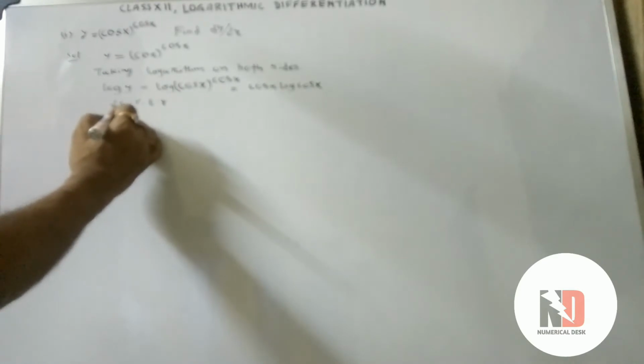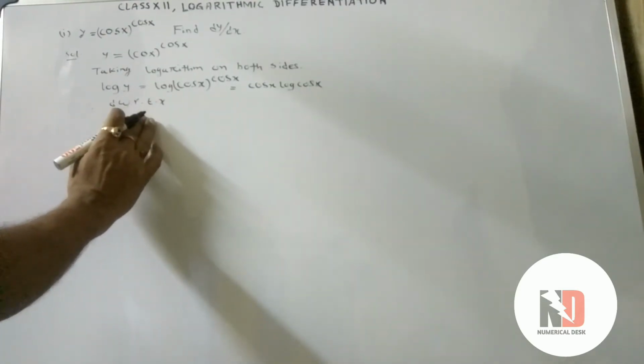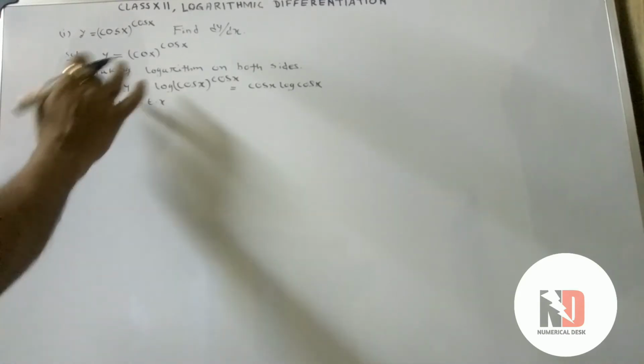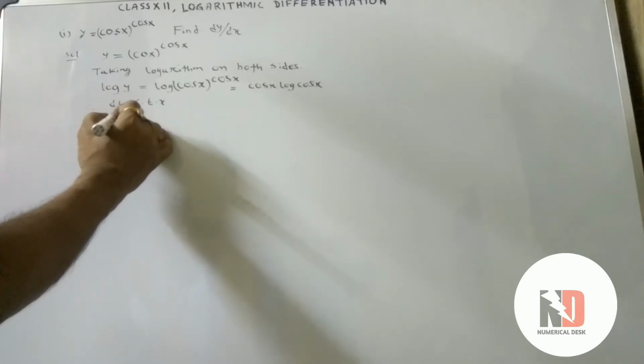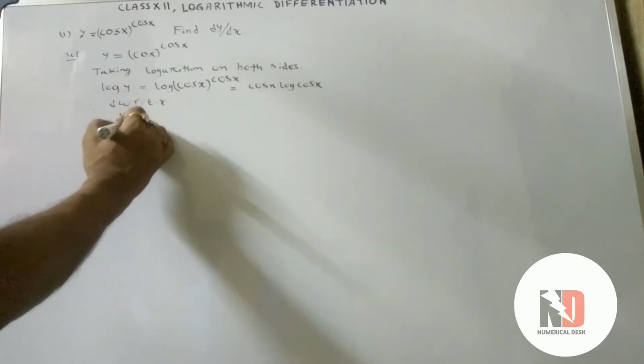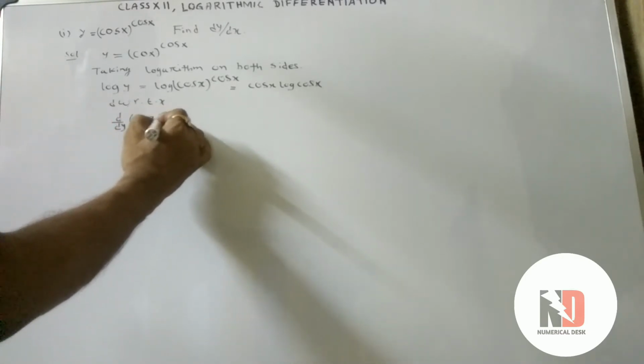Now differentiating both sides, it is log y, so we must write it in this way, d of log y, then dy by dx.